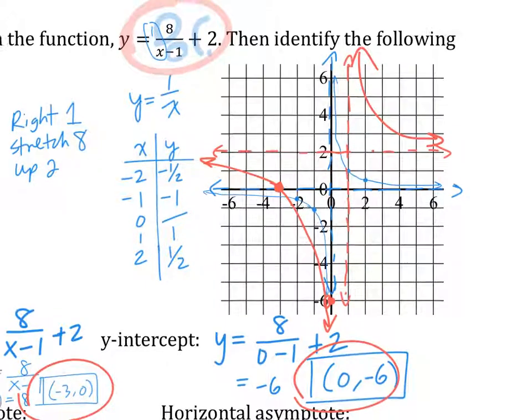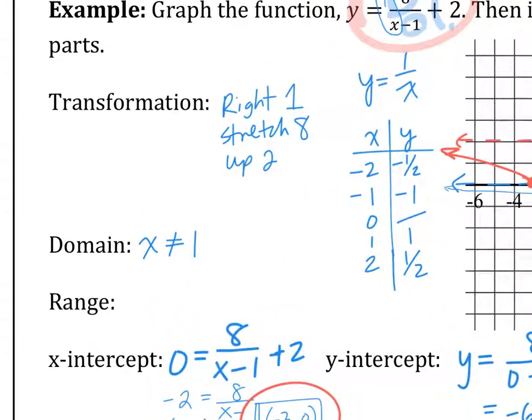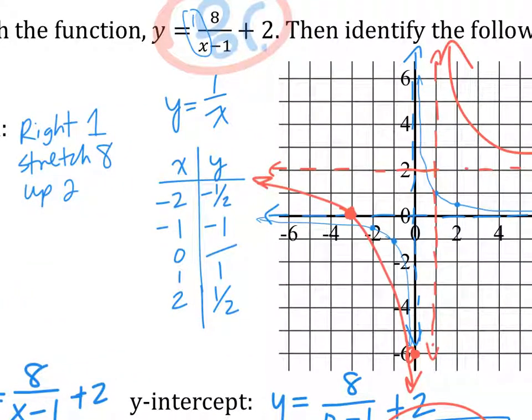Okay, let's answer all the questions we skipped. Range. What is the range on this graph? The red graph. Talk to your partner so it's not just only one person answering. What do you guys think? What is the range?